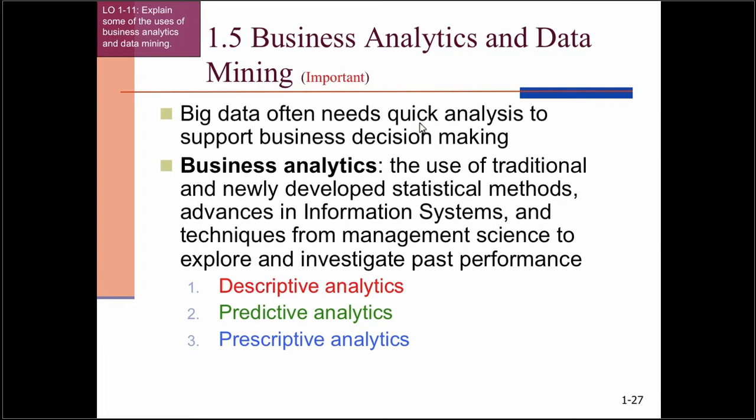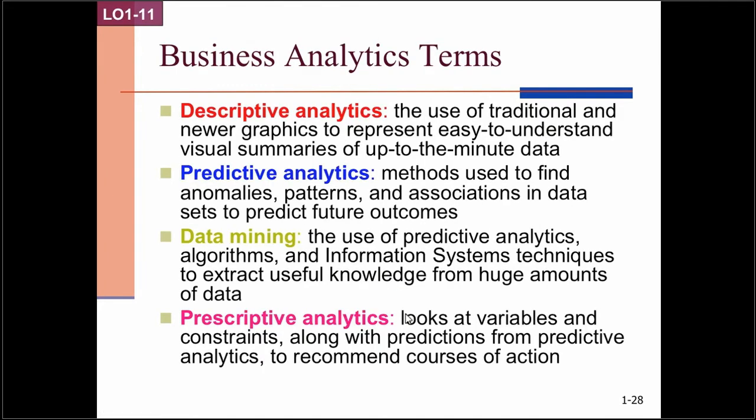Three distinctive parts of business analytics are descriptive analytics, predictive analytics, and prescriptive analytics. What is each one of them? Descriptive analytics is the use of traditional and newer graphics to represent an easy to understand visual summary of up-to-the-minute data. Very similar to what I showed you with the Facebook data.